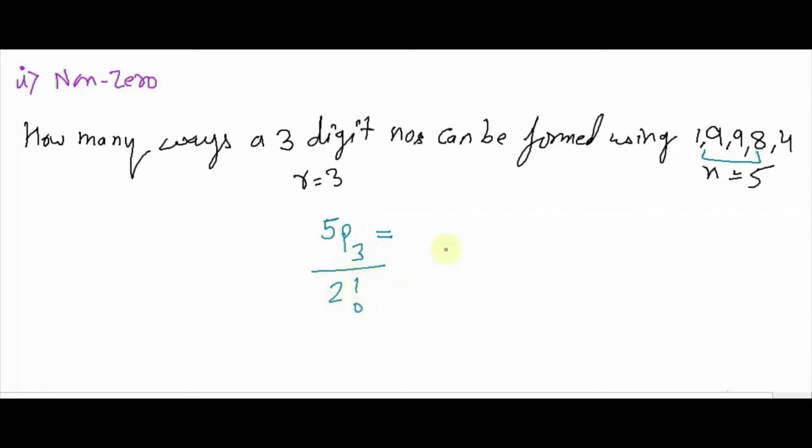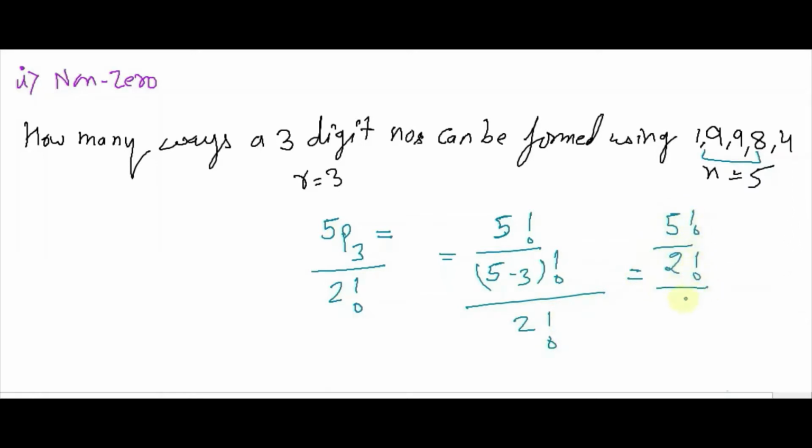This is the catch. Now solve it: 5 factorial divided by (5 minus 3) factorial, whole divided by 2 factorial. It will become 5 factorial upon 2 factorial upon 2 factorial. By solving this, we can get the number of ways a 3-digit number can be formed using these 5 digits.